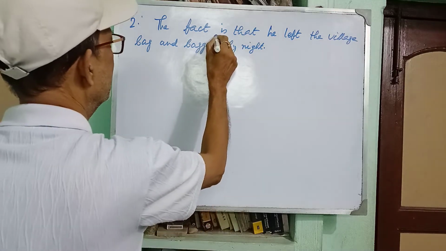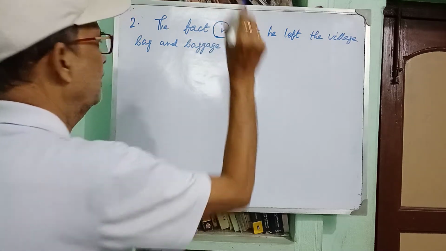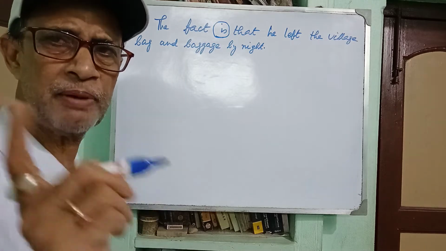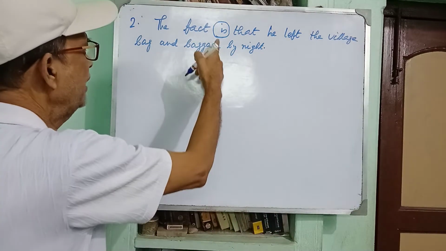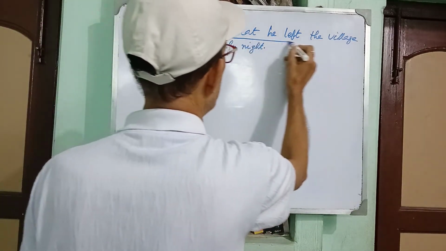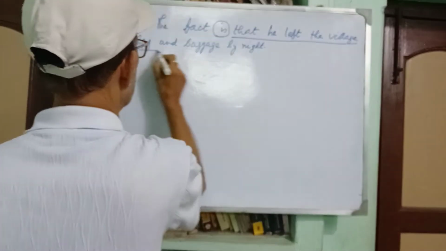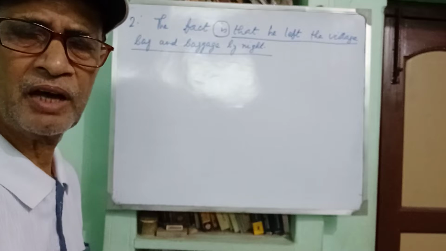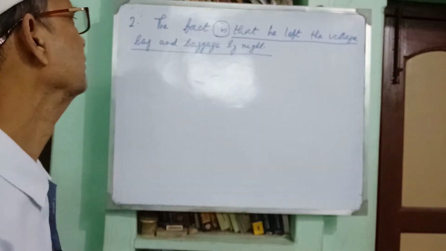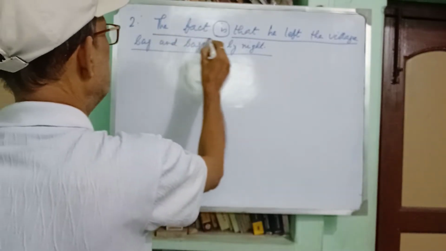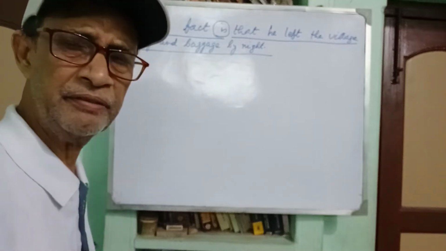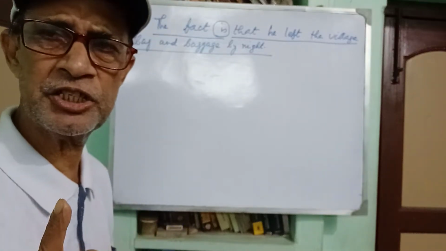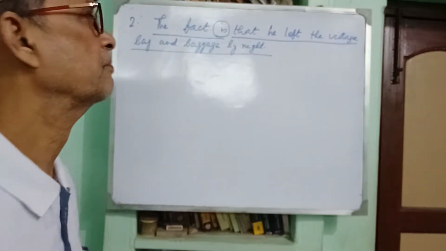You see that is is the verb of the principal clause, and the meaning of is is being completed by the subordinate clause. How can I explain it? The fact is principal clause.